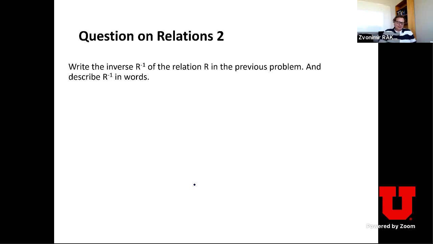So if you know the definition of an inverse of a relation, this should be really easy. So inverse boils down to reversing the arrows in the arrow diagram or reversing each pair. Then R to the power of -1 is equal to, what do we have? 3, 2, 4, 2, and 4, 3.